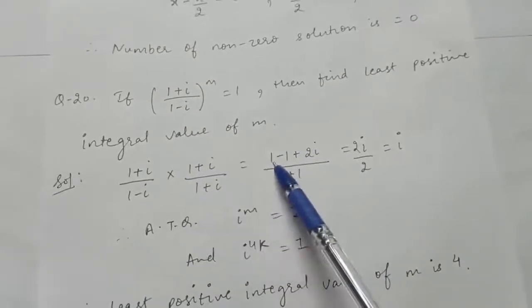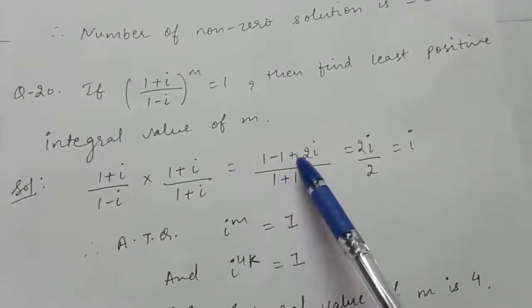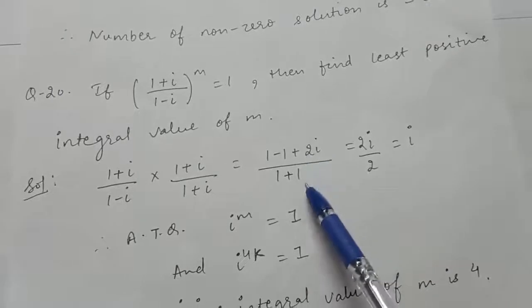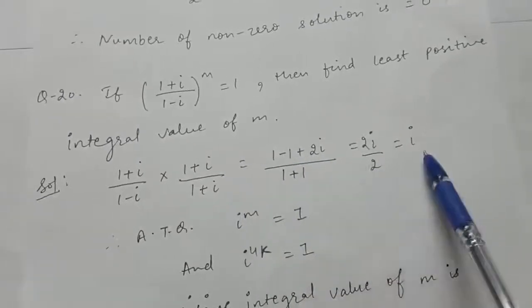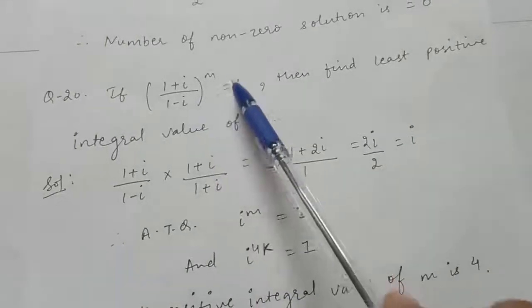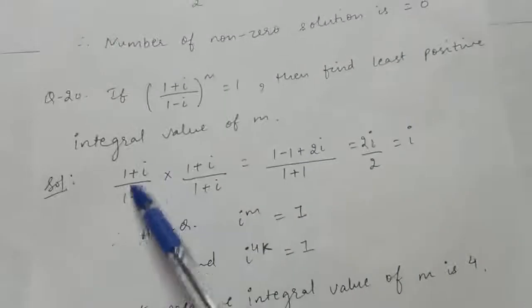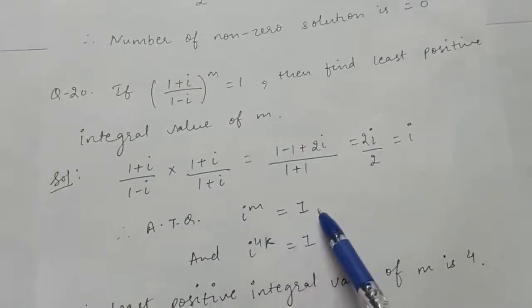So it will be a square plus b square, b square is iota square which is minus 1, plus 2ab. In the denominator you will get 2. So after rationalizing you will get it as iota. Now according to the question, this raised to the power m is 1. Now this is equal to iota. So iota raised to the power m is equal to 1.